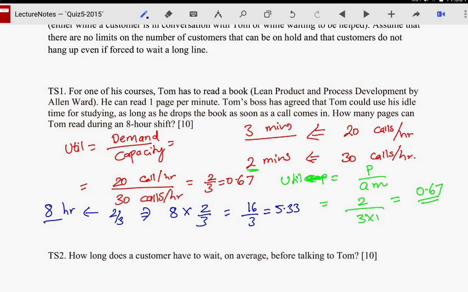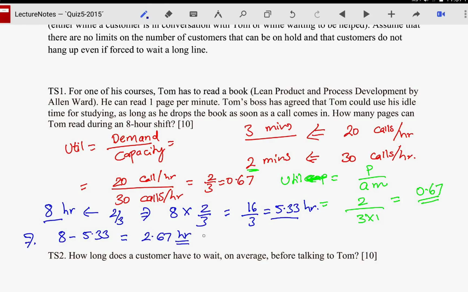Well, in an 8-hour period, he is busy 5.33 hours. That means he is free 8 minus 5.33, which is 2.67 hours.